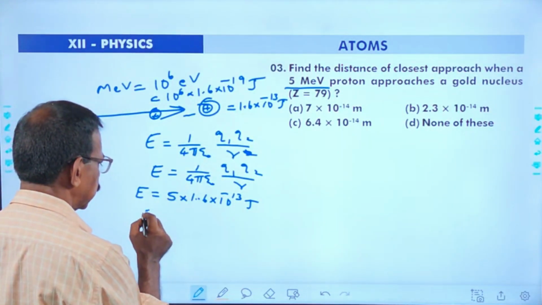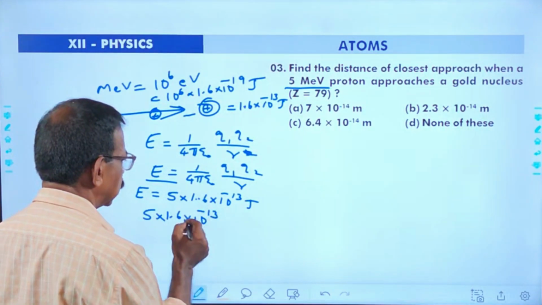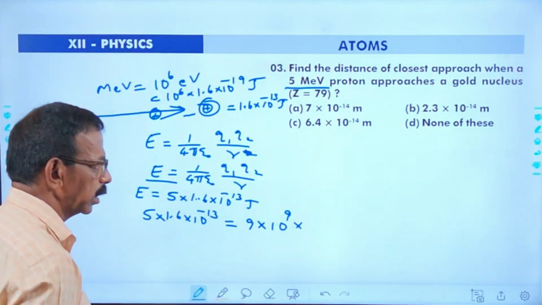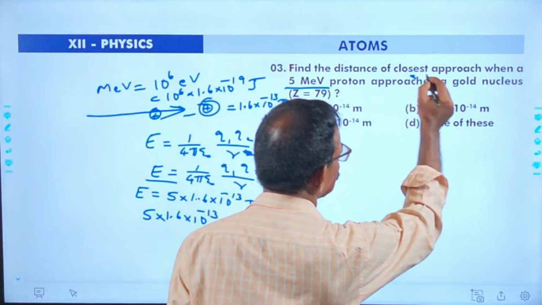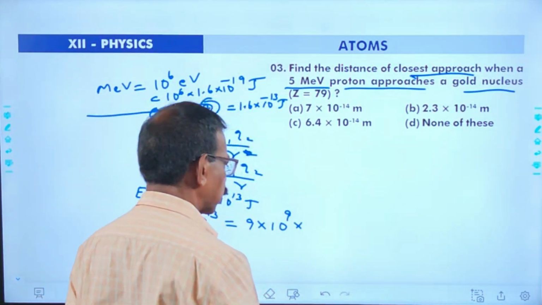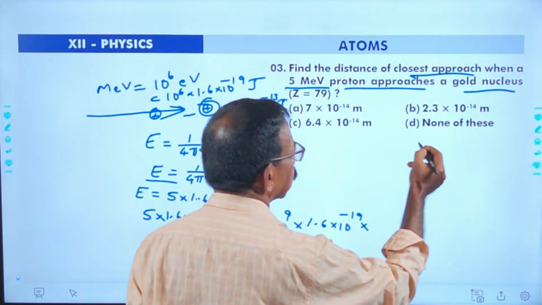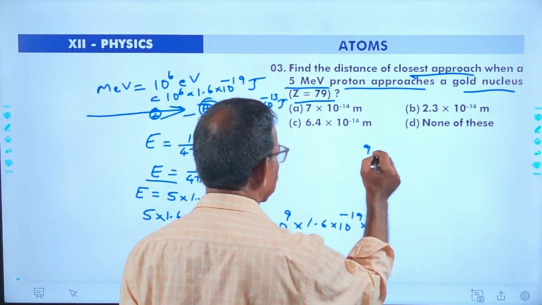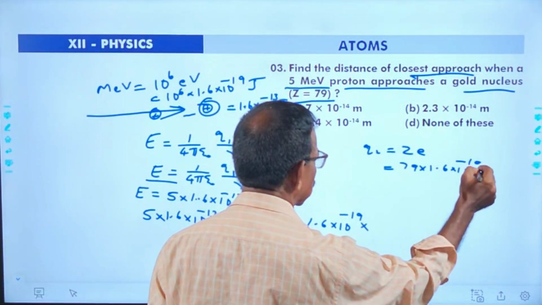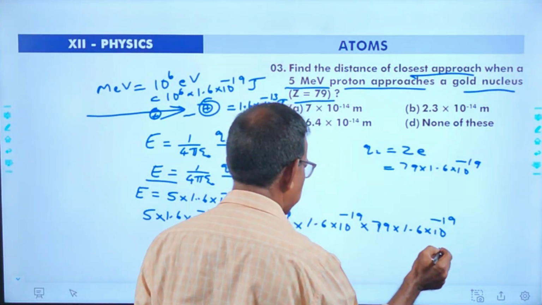Then we substitute: 5 into 1.6 into 10 raised to minus 13 equals 1 by 4 pi epsilon 0, which is 9 into 10 raised to 9, times Q1, a proton, and Q2, a gold nucleus. Proton charge is 1.6 into 10 raised to minus 19. The gold nucleus has Z equal to 79, so Q2 equals Ze, 79 into 1.6 into 10 raised to minus 19, all divided by R.